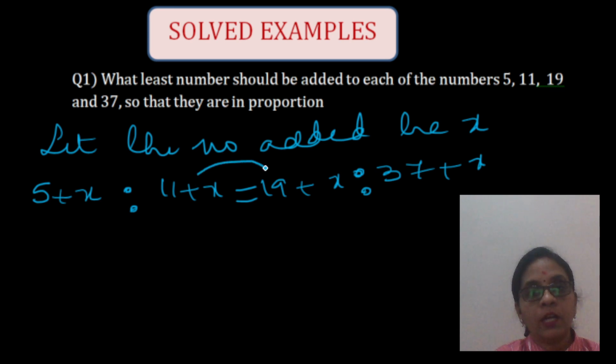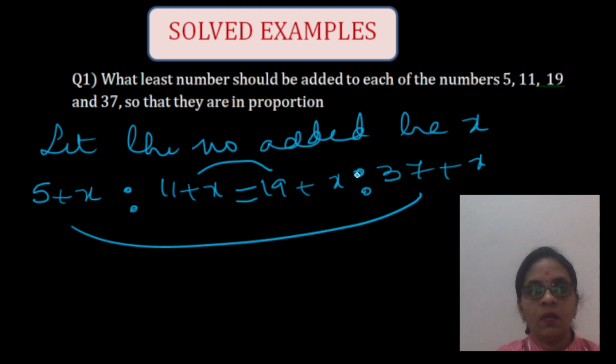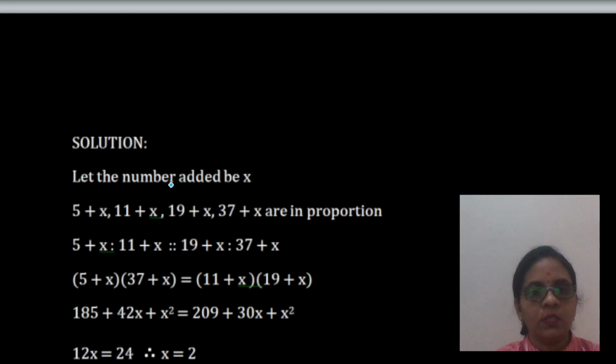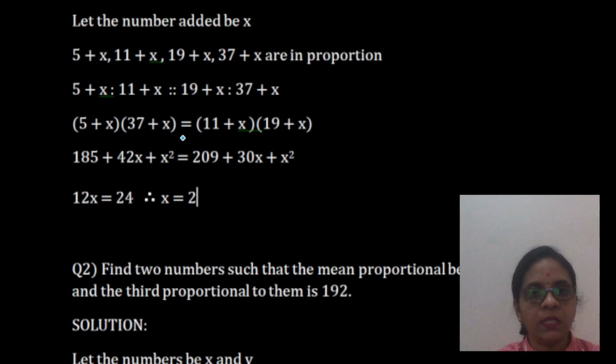Now product of means is equal to product of extremes. So when you multiply 5 plus x into 37 plus x, what do you get? Actually you can tell it orally, children. You have learnt this (a plus x) into (b plus x) multiplication when you were in standard 8 in expansions.